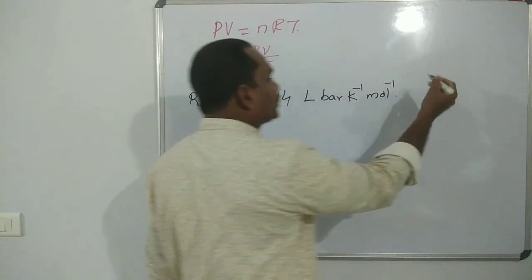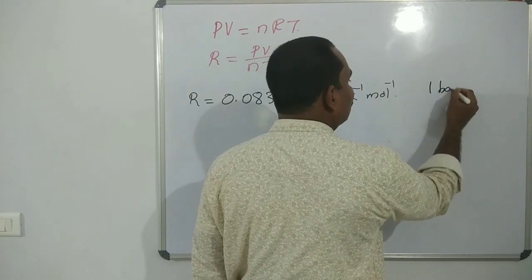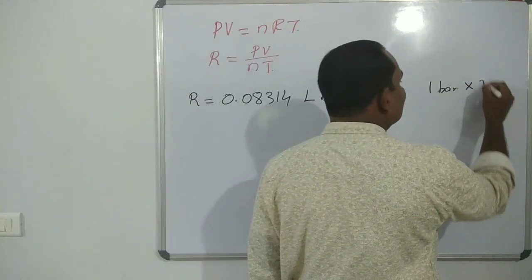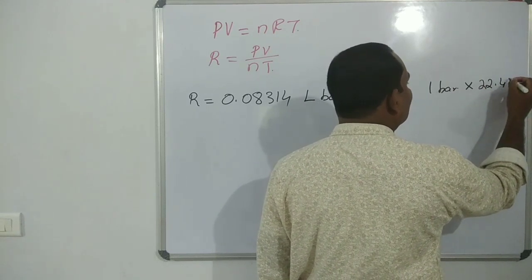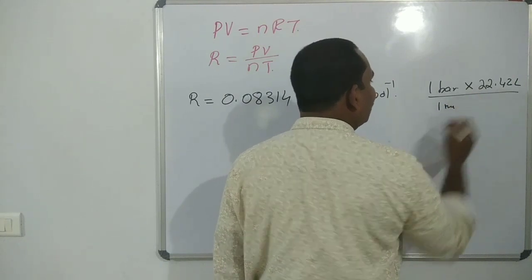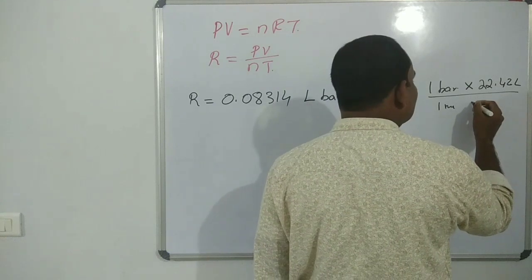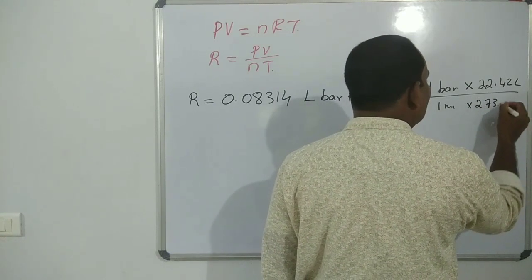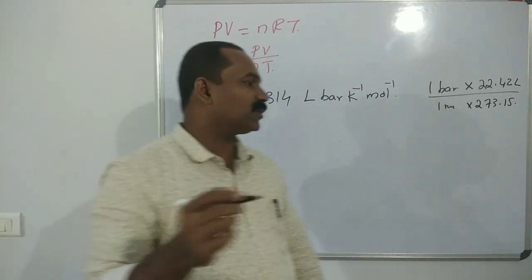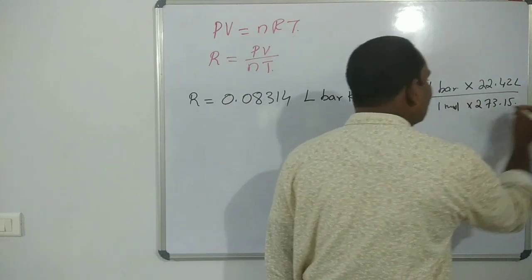How? If the pressure is 1 bar, and the volume of the gas is 22.42 liters, divided by number of moles, so 1 mole, at standard temperature, 273.15, that is 0 degrees Celsius or 273.15 Kelvin.